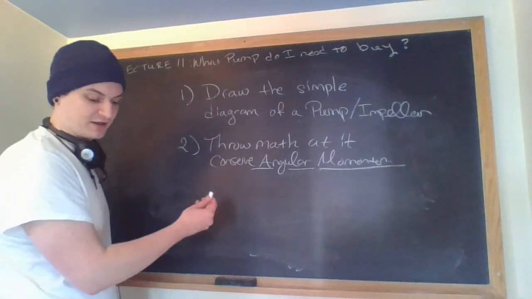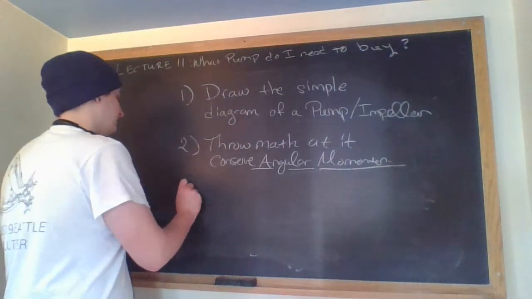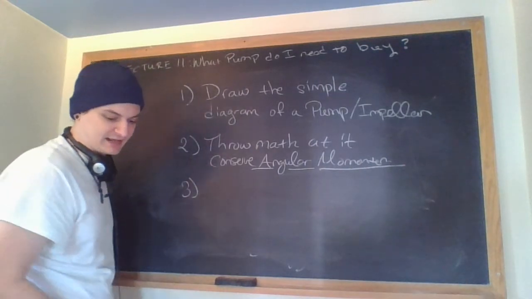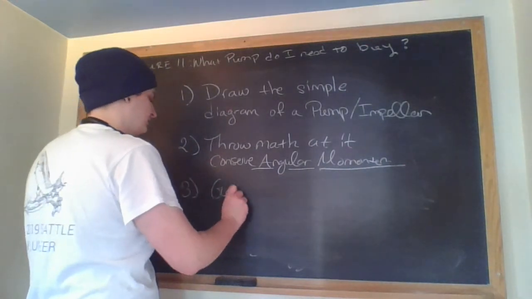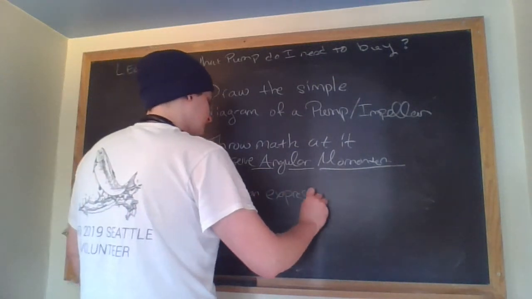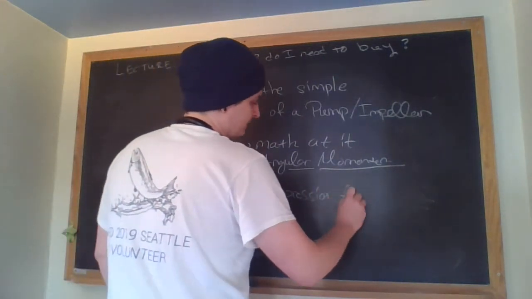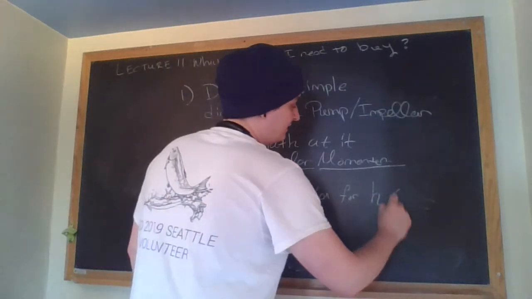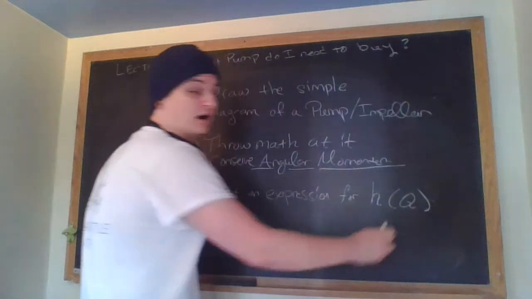Okay, so after you get that equation, you're just going to rework the variables, the dimensions and everything like that, to get an expression for the head loss of the pump as a function of the flow rate.